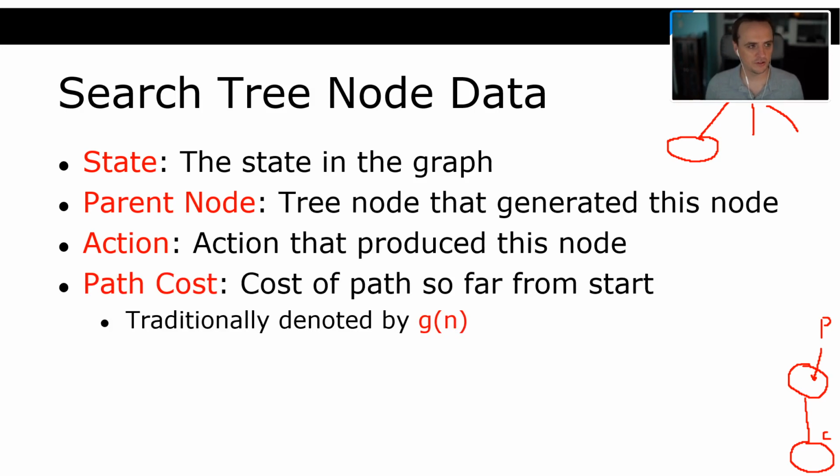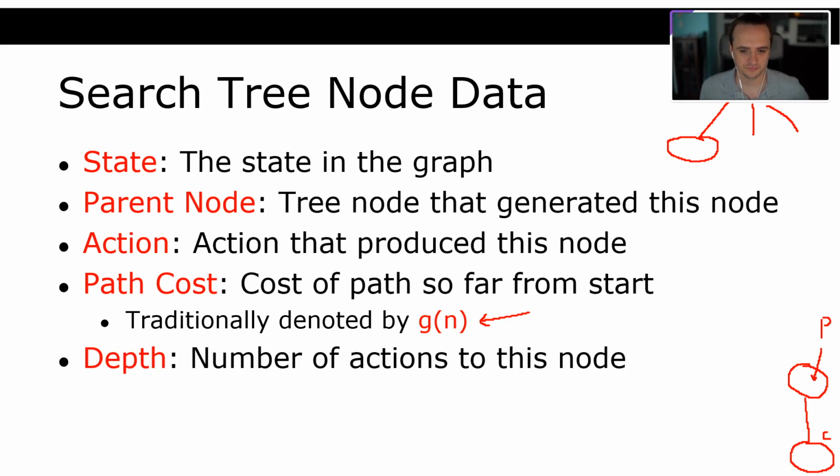We also want to store the path cost so far, okay? The path cost so far from the starting node, or the root of the tree, to this node in the search. And that path cost is going to be called g of n. And you will be sick of hearing about g of n by the end of the lecture, don't worry.